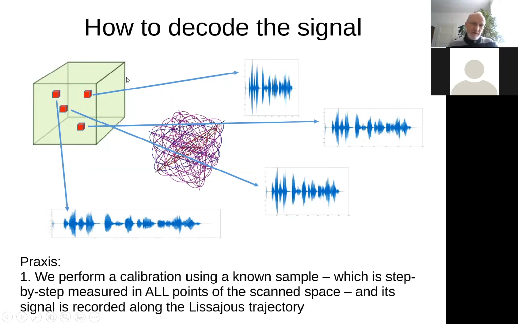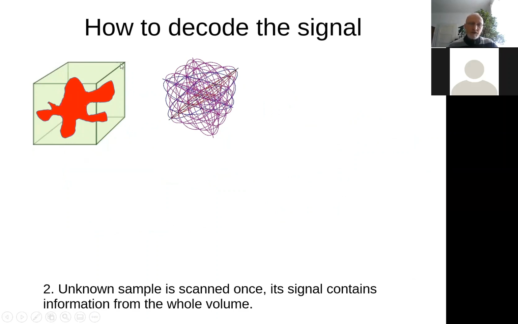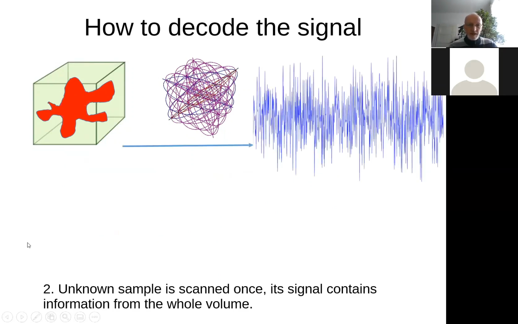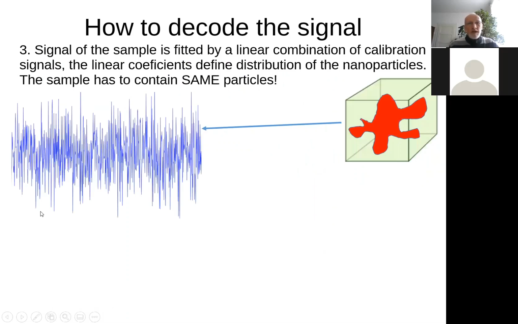Once we have this calibration data and we measure an unknown sample, for example, a mouse with injected tracer, we obtain a signal like this. And what we do now: as it was measured along the whole Lissajous trajectory, we know that this signal contains information from the whole volume.